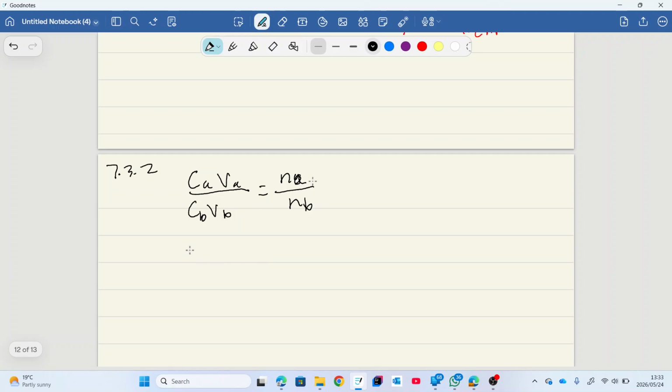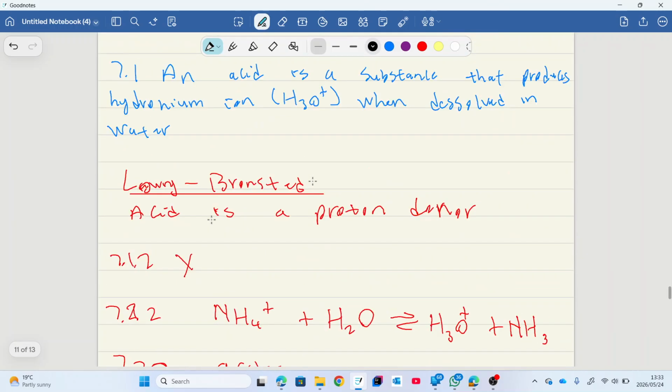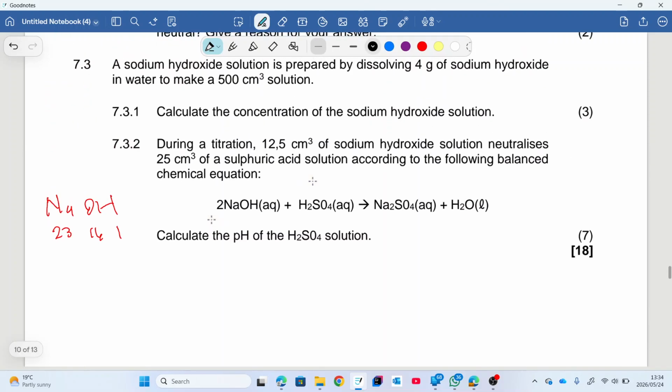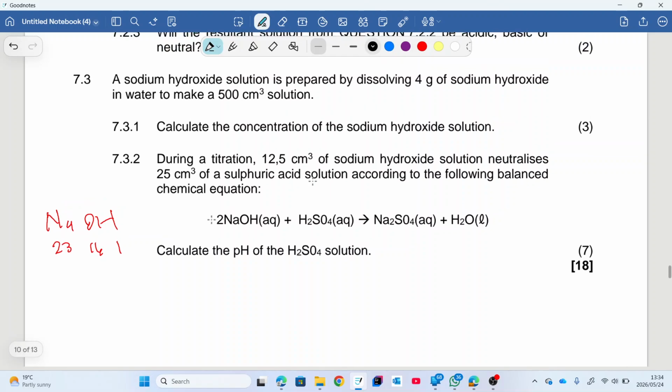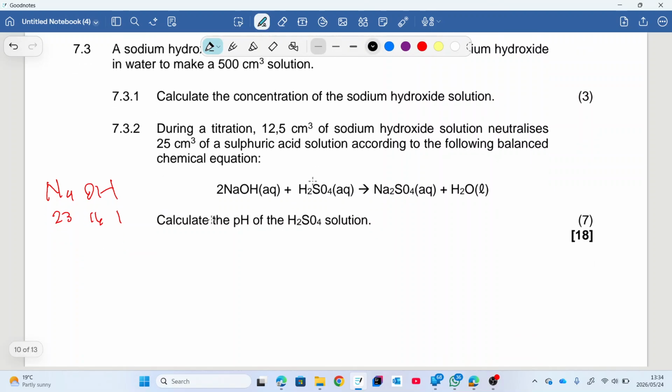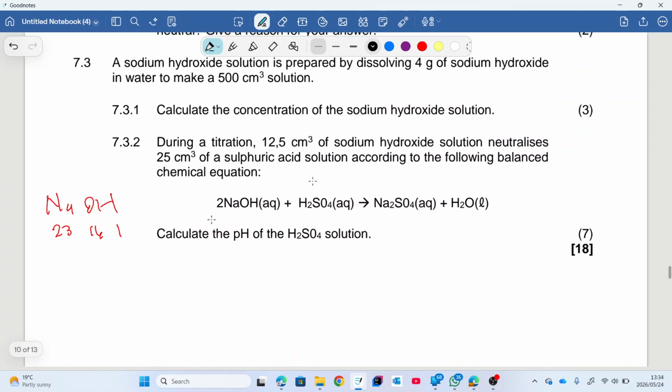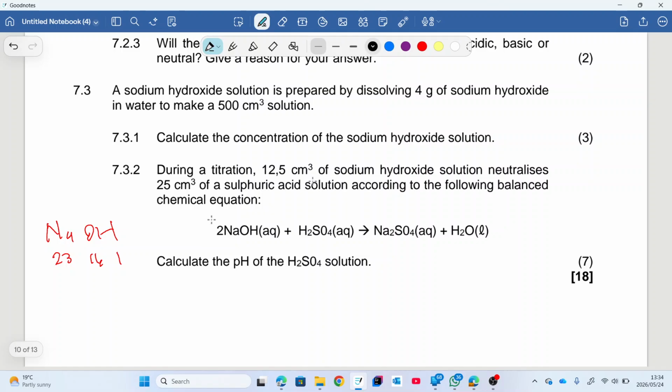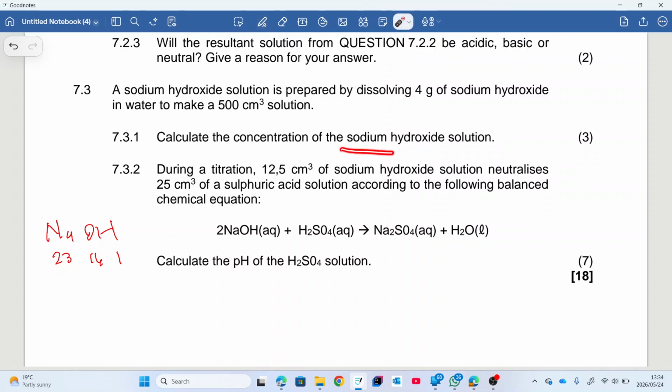So now the concentration of the acid, Ca, I didn't see it anywhere. It was not given to us at any point. But the concentration of the base, we calculated in the previous question here.